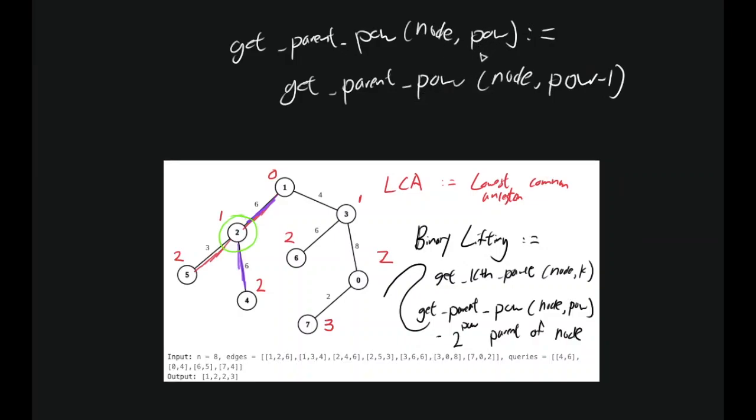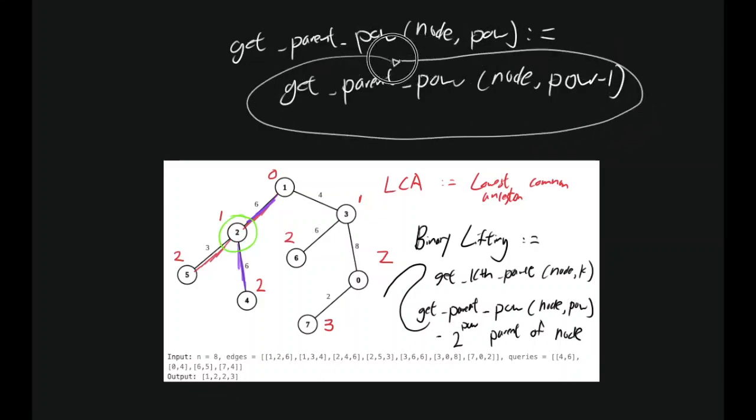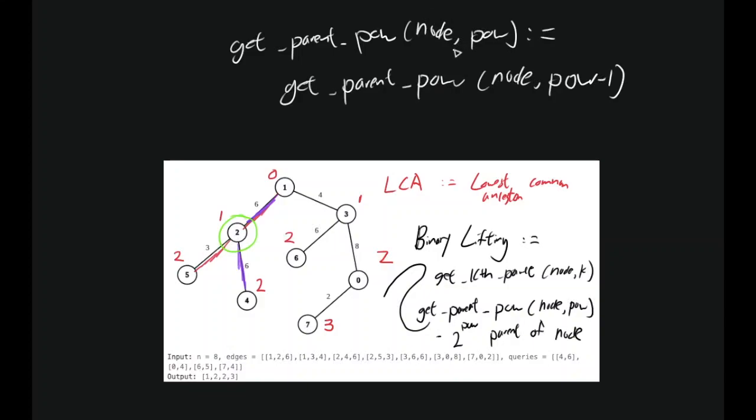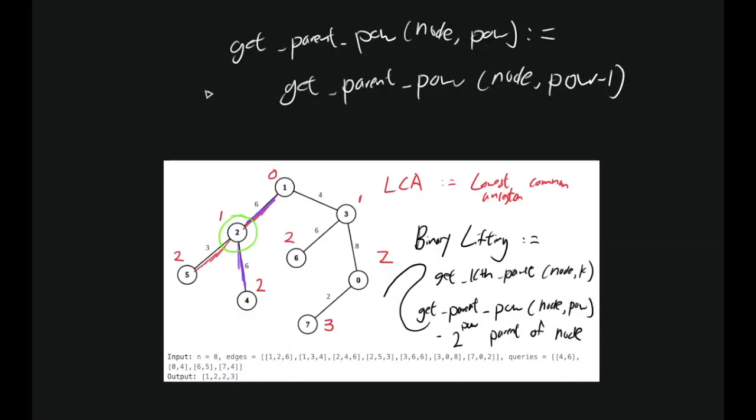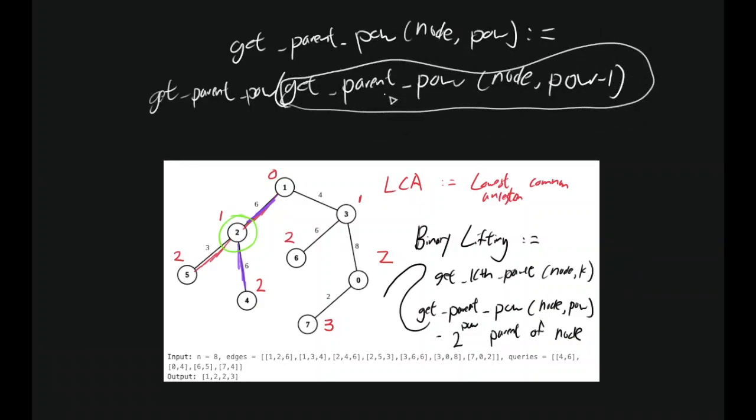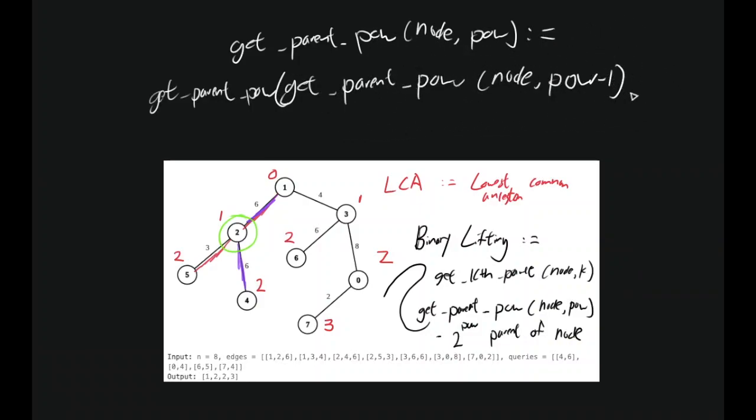So what we want to do is to apply this whole thing again, but not to ourselves, but to this intermediate result. So the first argument is our halfway-through result, and then we just do power minus 1 here again, and it will give us this get parent power completed.